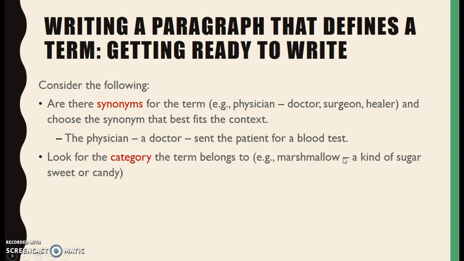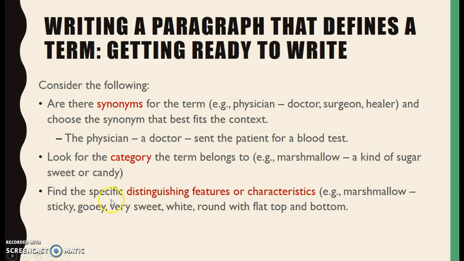Another thing that we have to pay attention to is the category. Where does it fit in? For example, a doctor or a physician is in the category of medicine. If we took a marshmallow, its category would be a kind of sugar, sweet, or candy. So that puts it in a whole different area. We also have to take into consideration what we call distinguishing features or characteristics.